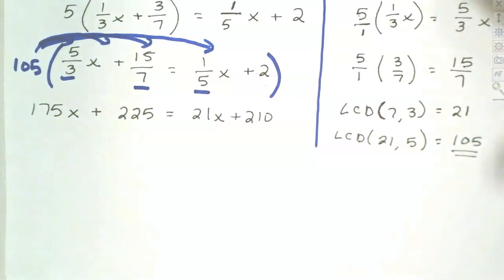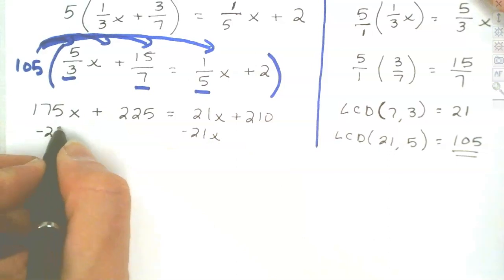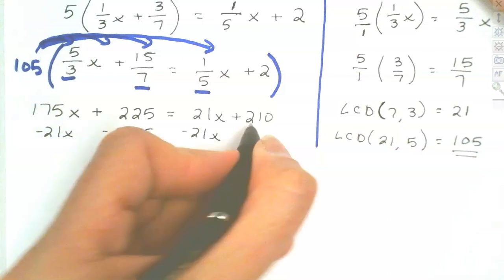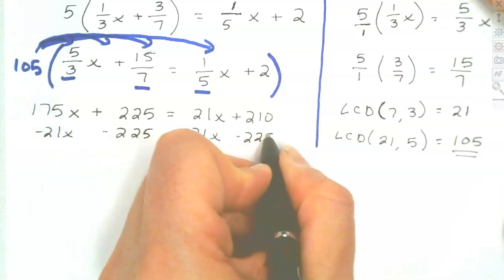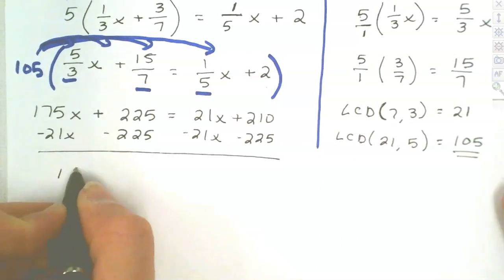So move things around. We'll move the 21x over, and we'll move the 225 to the right-hand side. So now we've got 175 minus 21. That should then be 154x.